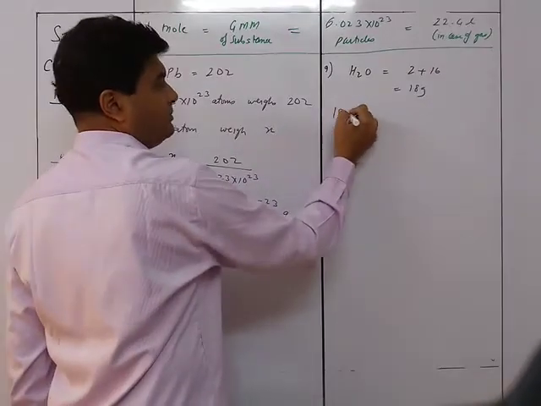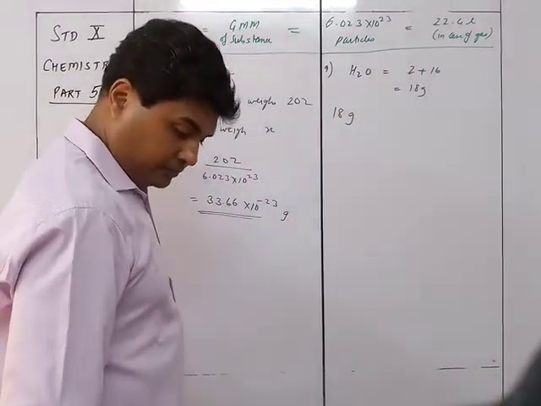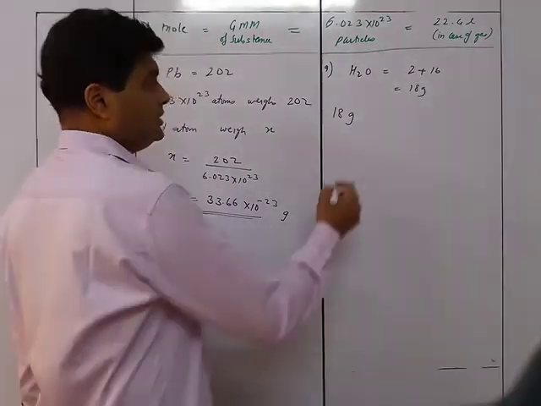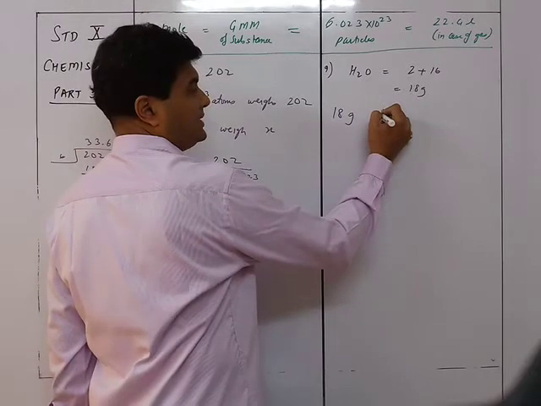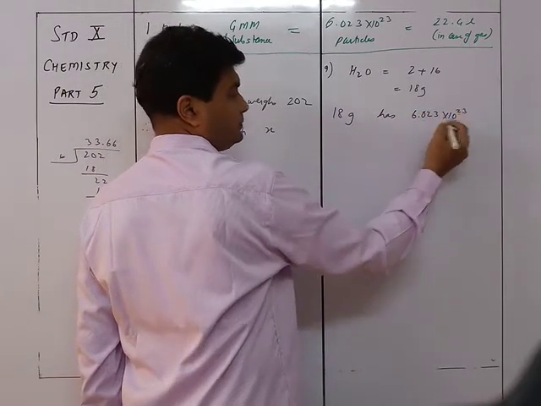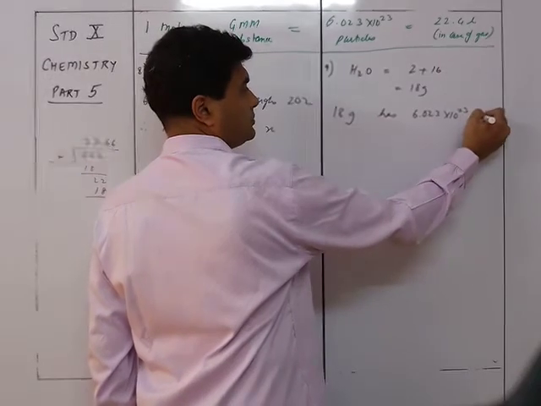So 18 grams, now we are given that 18 grams has 6.023 into 10 raised to 23 molecules.